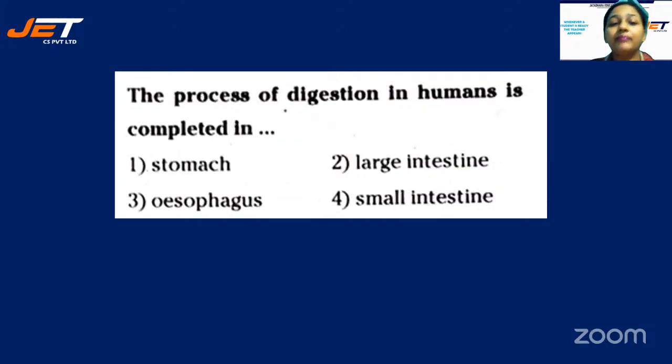Next question. The process of digestion in humans is completed in, and your options are stomach, large intestine, esophagus, or small intestine.